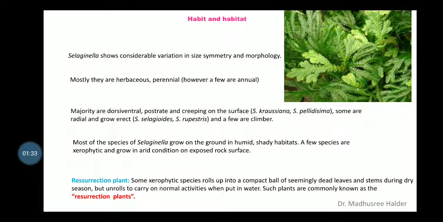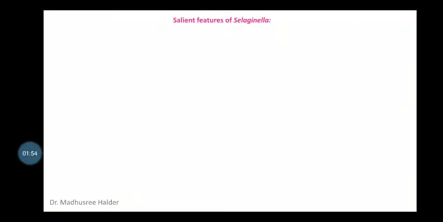Some xerophytic species roll up into a compact ball of seemingly dead leaves and stems during the dry season, but unroll to carry on normal activities when put in water. Such plants are commonly known as resurrection or Mrit Sanjeevani plants.